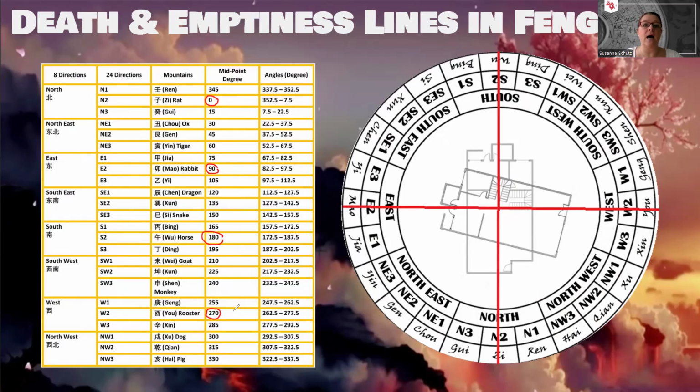Now, if a property is facing these cardinal death and emptiness lines, then the energies that the property receives are way too strong for residential or even commercial purposes. Now, they are very good for spiritual purposes, for religious purposes, and that's why you see a lot of spiritual places in the world having an alignment on these lines.